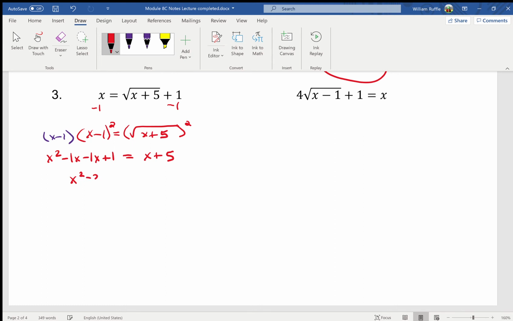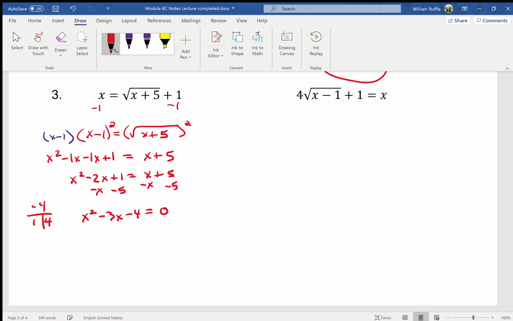The x squared is not going away, so I have to bring everything over. Let me combine my like terms. So I'm going to subtract x over, and I'm going to subtract 5 over. So I'm left with x squared minus 3x minus 4 equals 0. So now this is where I have to do my factoring. What factors of -4 add up to -3?